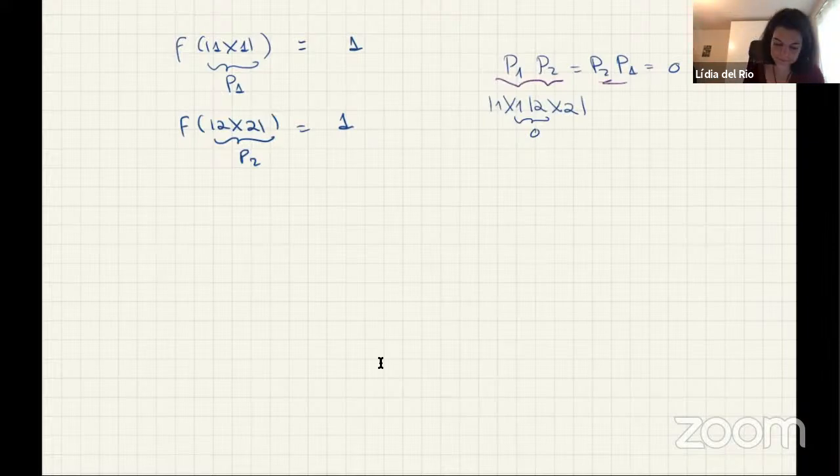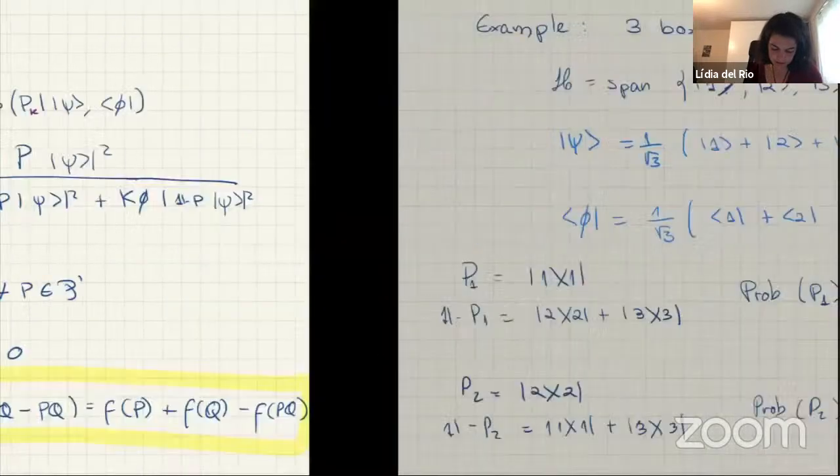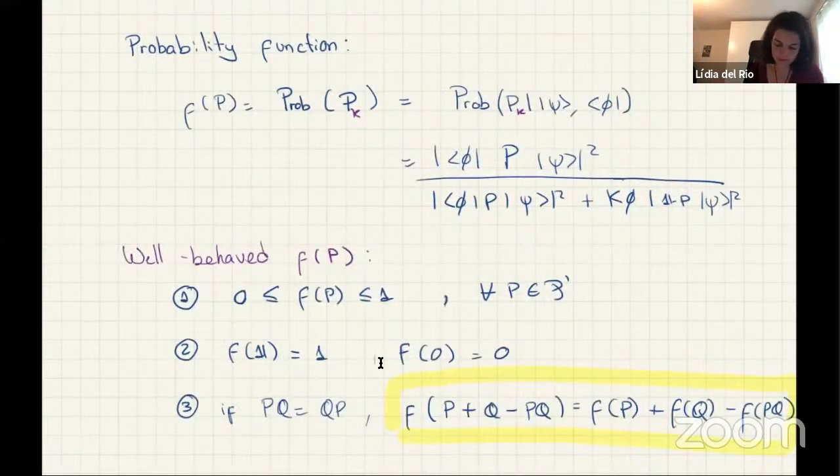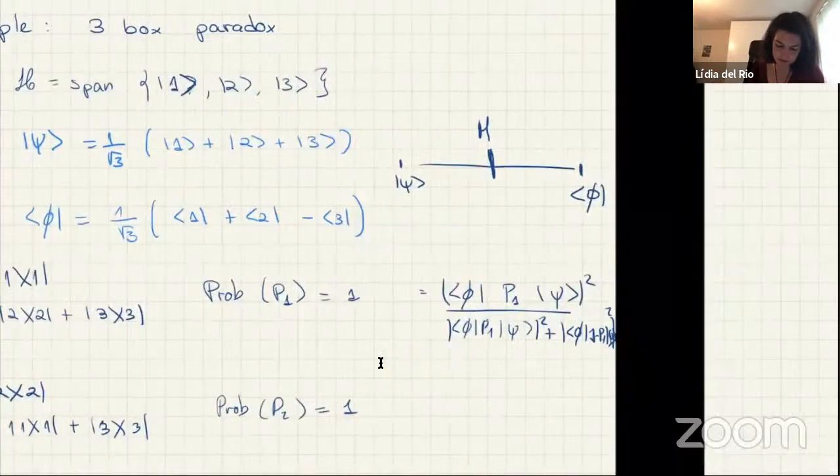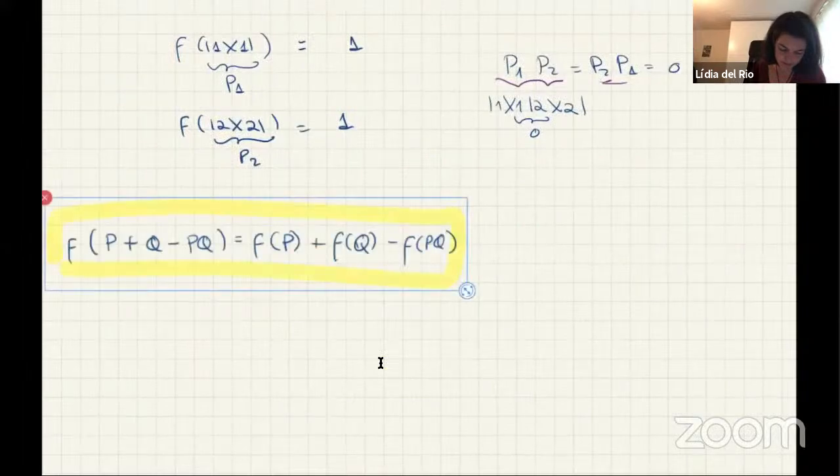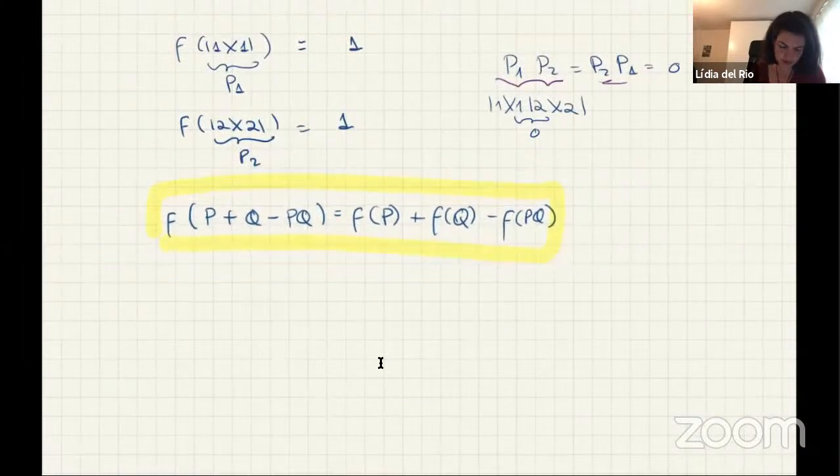Okay. So then we can apply this rule. So we look at this thing. Okay. So this is f of P1 plus P2 minus P1 P2.